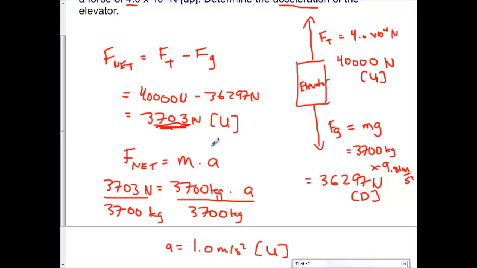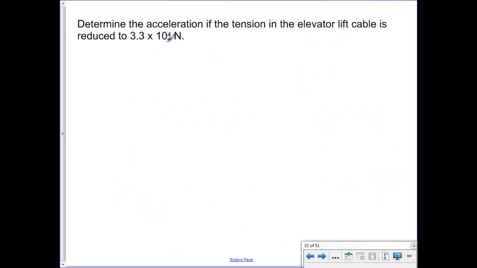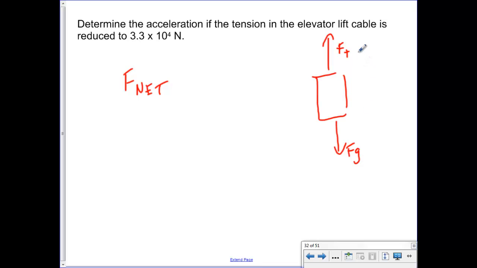Thank you. Okay. Any questions on the example here? Okay. I have a follow-up question then. So the follow-up question is, what would happen if the tension was only 3.3 times 10 to the 4 newtons? Because think about our net force. We had some that was pulling up and some that was pulling down.